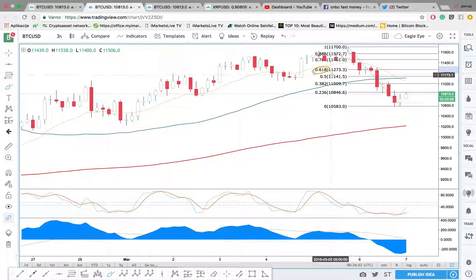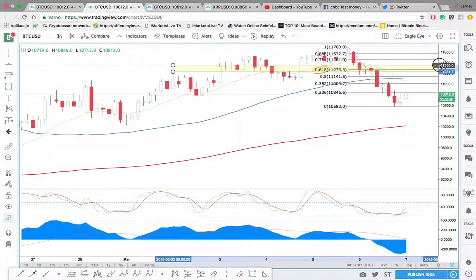So around 11,273 here, because the previous swing high will be a support, and we have this zone, kind of a resistance, sorry, not a support, resistance. So kind of in this area, right? And even sooner. It's quite a wide range actually.